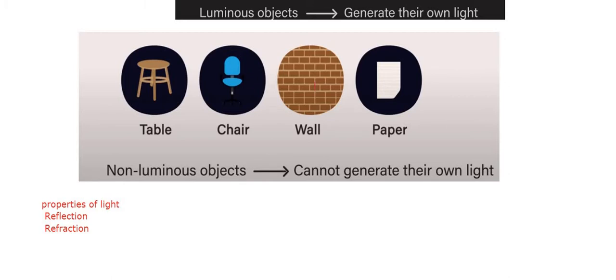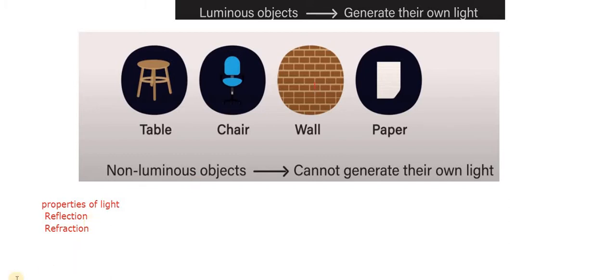So how can we define reflection? Reflection is one of the properties of light. When light falls on a smooth and polished surface, it bounces back. Such a property of light is known as reflection of light.